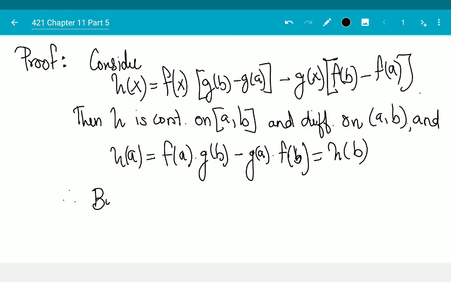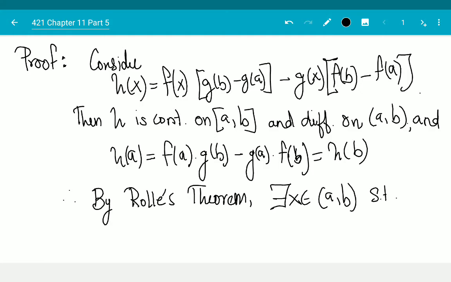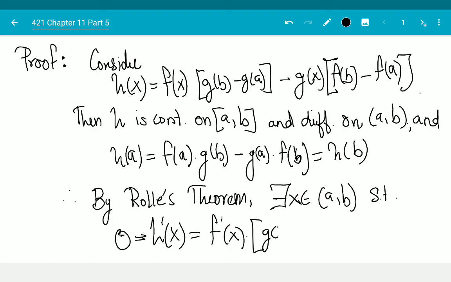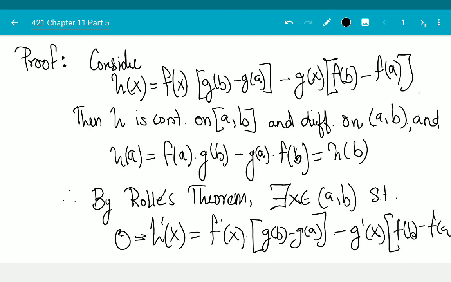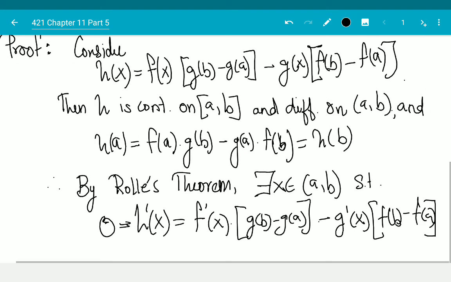Therefore, by Rolle's theorem, there exists x in (a, b) such that 0 is equal to h prime of x, which is equal to f prime of x times (g(b) minus g(a)), since that is a constant, minus g prime of x times (f(b) minus f(a)), again a constant, right?